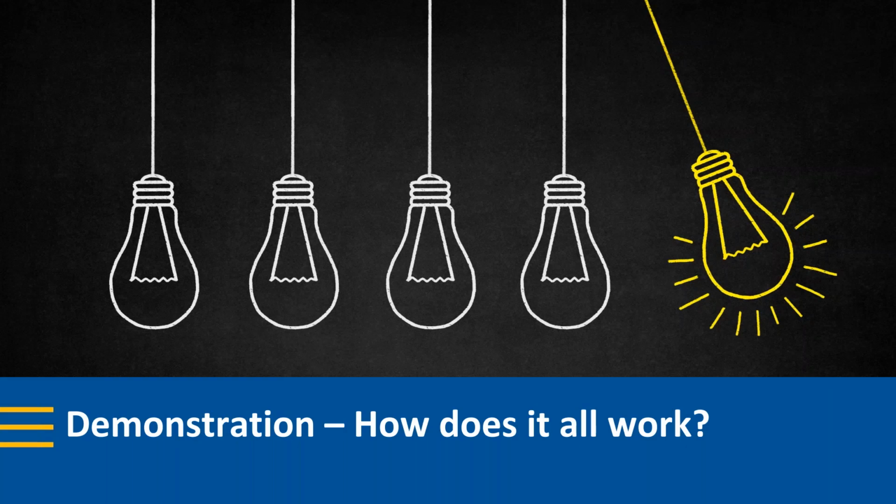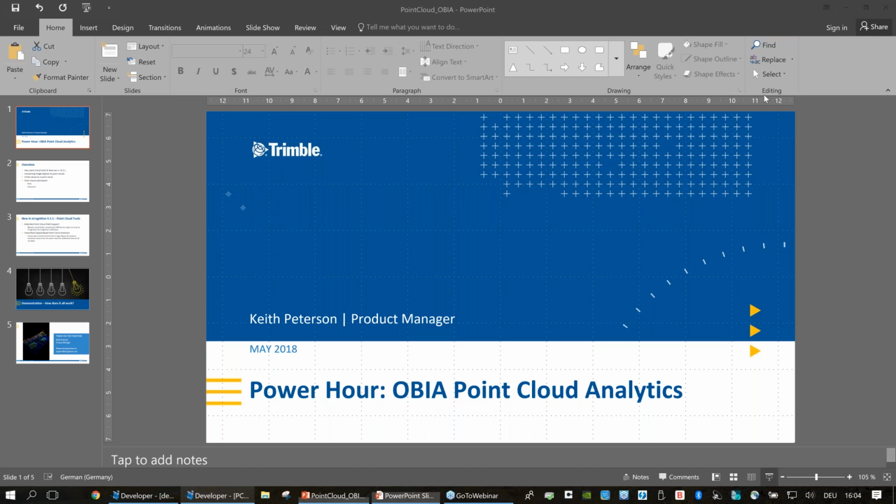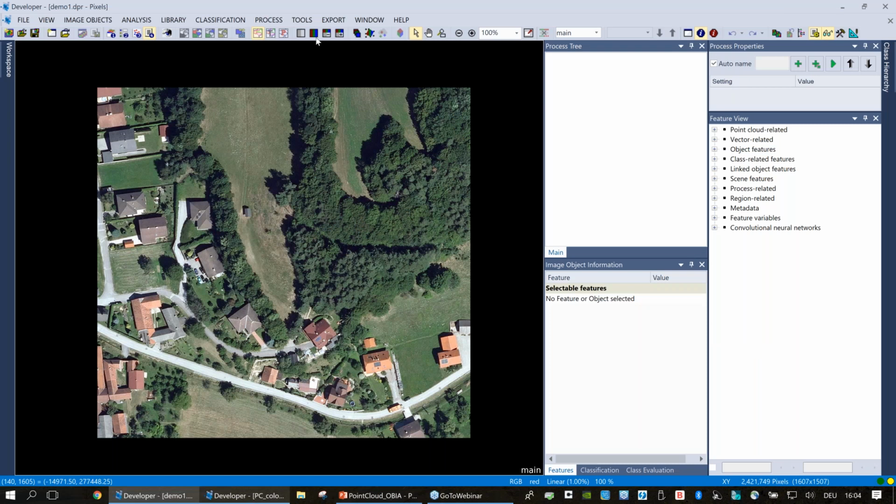How does this all work within eCognition? Again, I reiterate, within eCognition Developer. We see here we have an image. Not only do we have an image, but if I open up our image layers, of the different layers that we have available, I see I'm not only dealing with an RGB, I also have a near infrared.